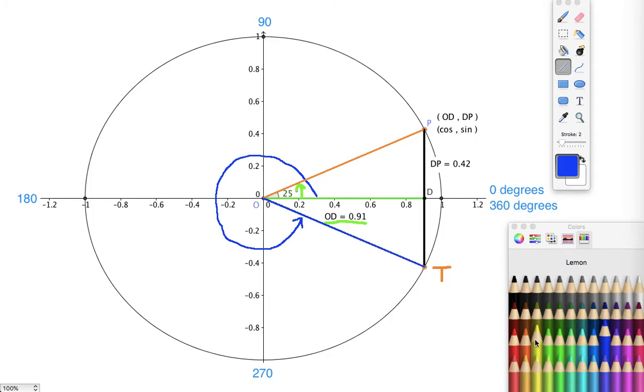So if I know that the distance from my x-axis to this orange line is 25 degrees, that's going to also be how many degrees from here to here. So those two are equal to each other. So this here is 25 degrees going down.